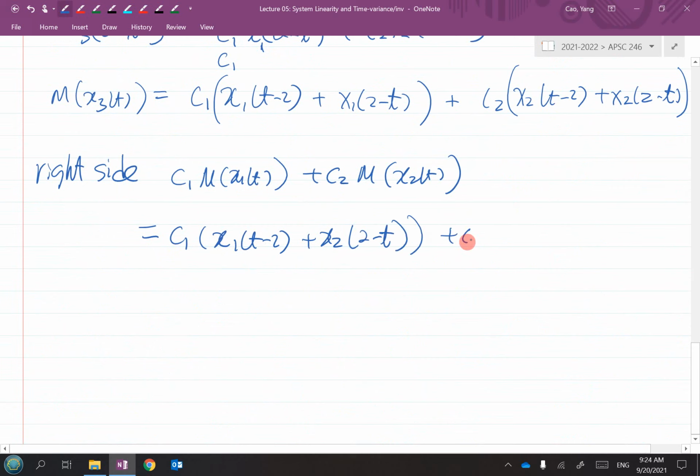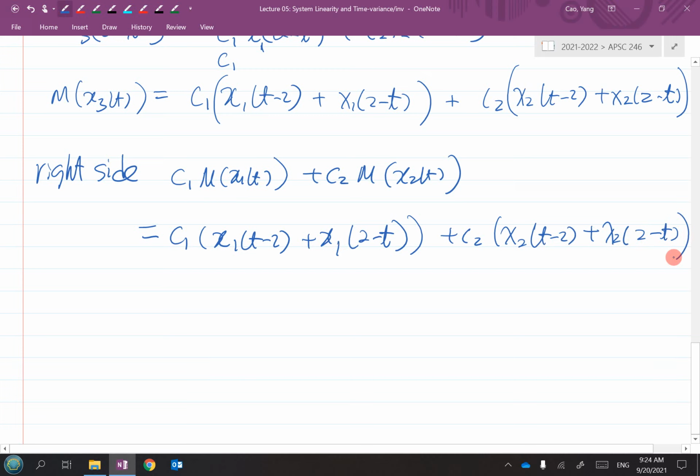Then plus c2, the second one, same there, x2 of t minus 2 and x2 of 2 minus t. That strictly comes out of the original system expression.